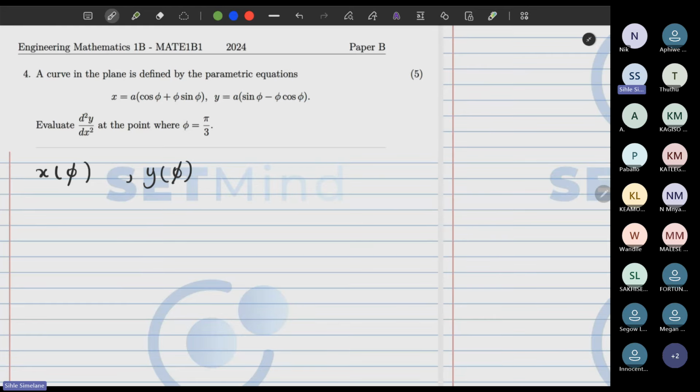So it means that when we do our derivative, we'll end up finding the derivative of x with respect to the independent variable, which is that angle, and also for y. And then from here, guys, what is dy/dx equal to? How do we get dy/dx?